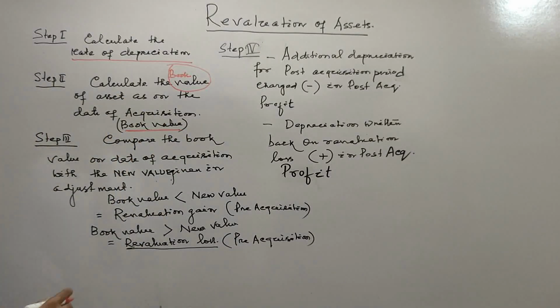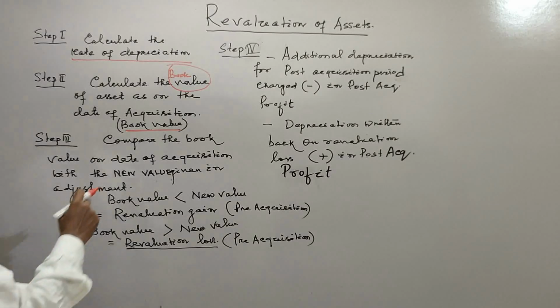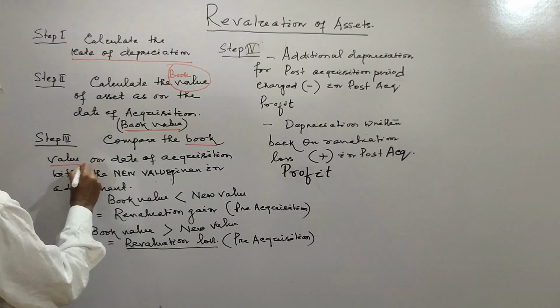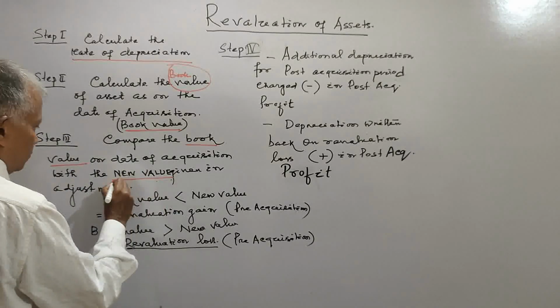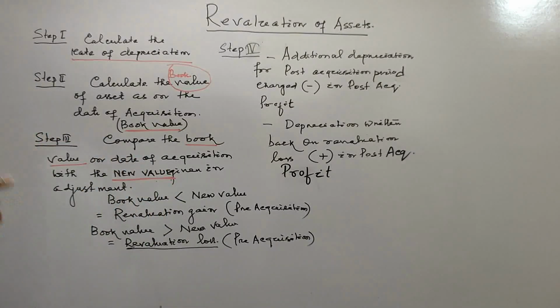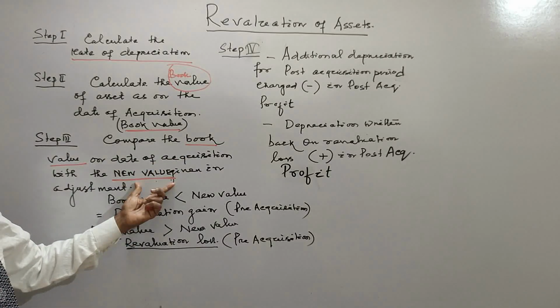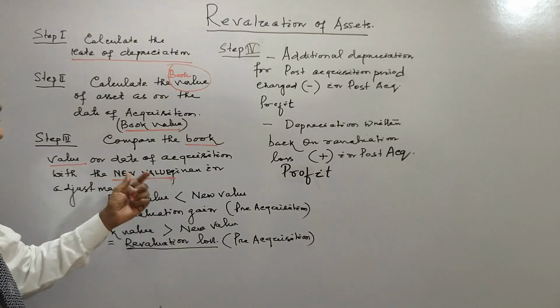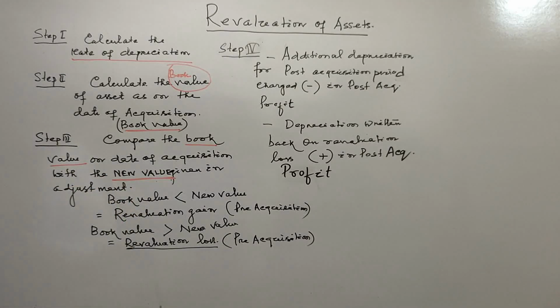Third step is compare the book value on date of acquisition with the new value, that is the value given in the adjustment which requires adjustment, right? This is, I am putting it here, the new value of the asset.